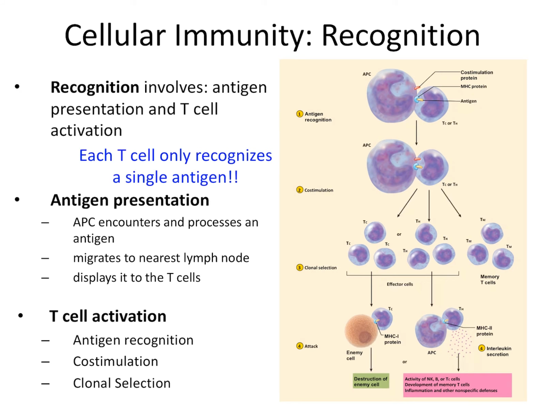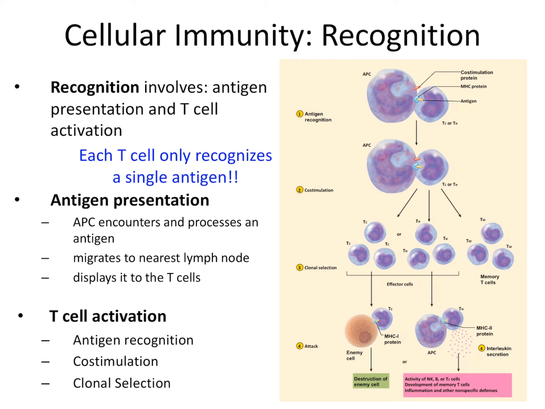So we'll see that when an antigen presenting cell comes in contact with a particular antigen, it is ultimately going to process that antigen and display it on its MHC protein. This APC will then migrate to the nearest lymph node, and while it's there, it can present this particular antigen to the naive T cells that are present in that lymphatic organ, or in the lymph node in this case.